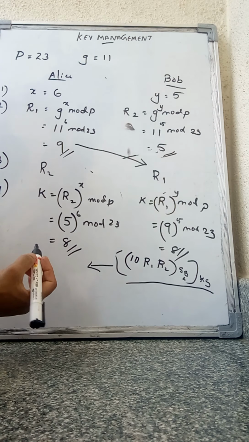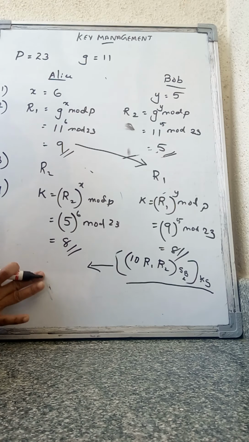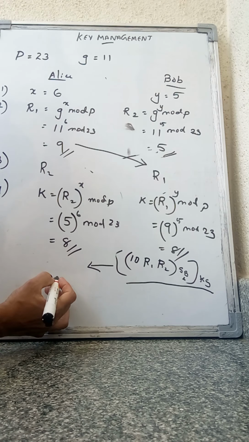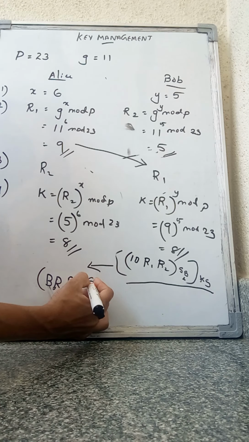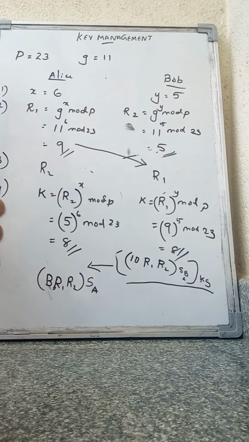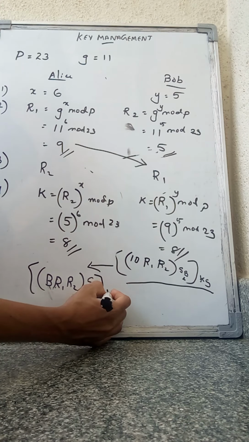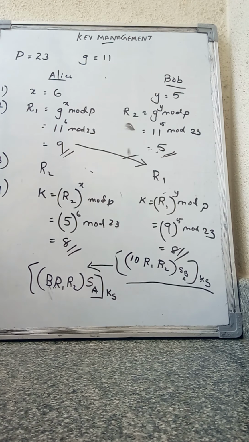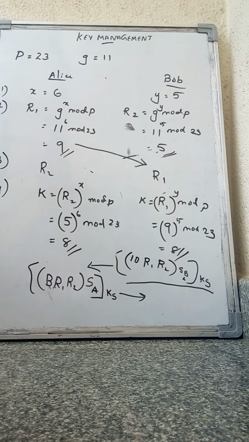Then Alice concatenates the ID of Bob, R1 and R2, signs this message with her signature, and encrypts it with the session key. She sends this to Bob, and Bob receives it and Alice's signature is verified.